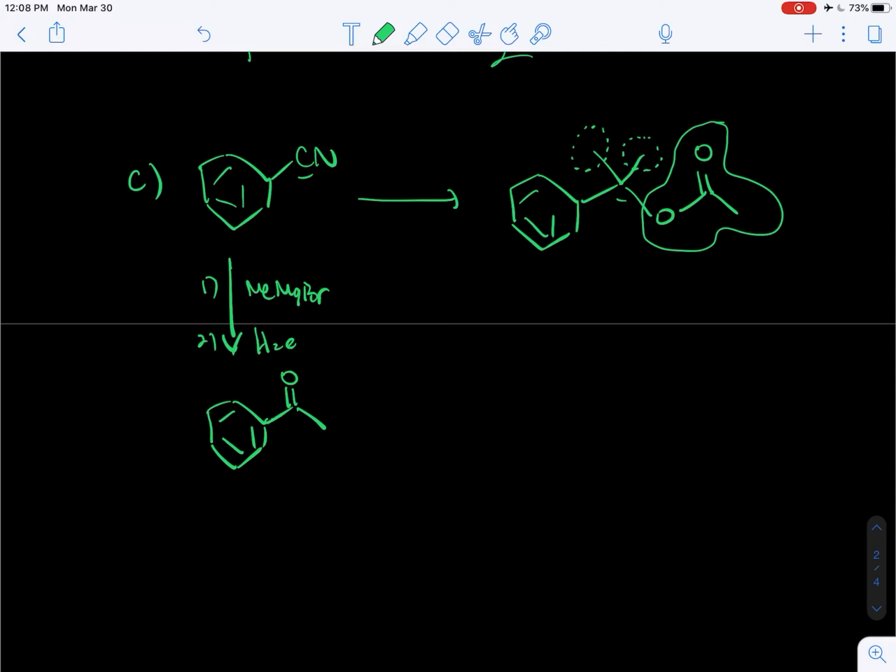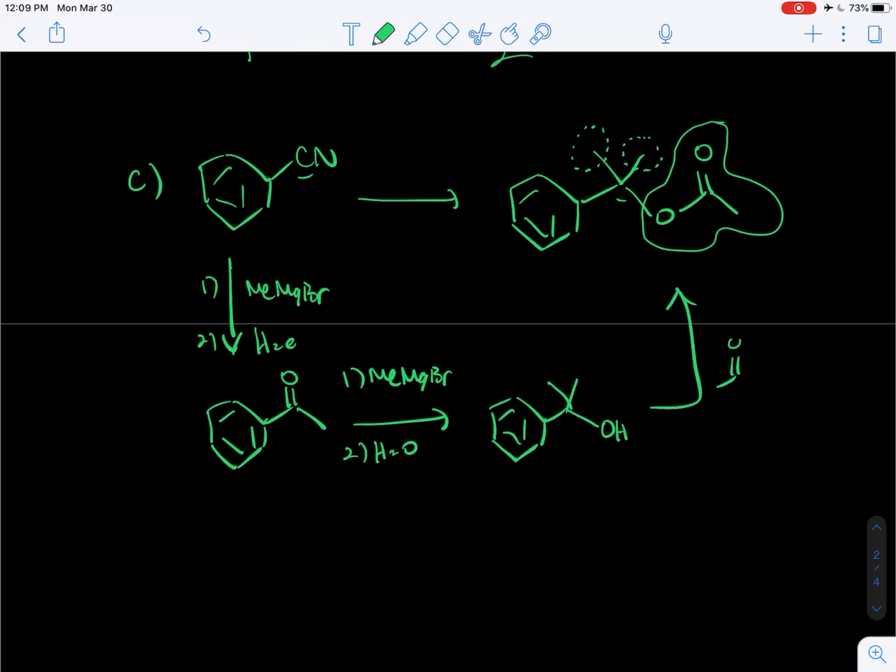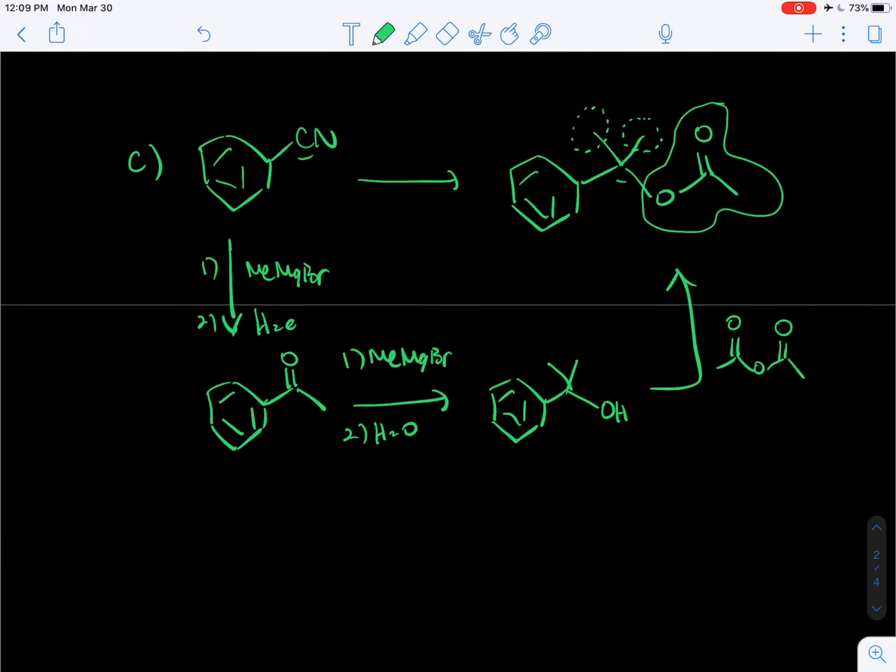Okay, and that's a ketone, all right? And if we do that again, we can get to an alcohol. I'll draw it in the same orientation as the target molecule. And then we can treat that with acetic anhydride to get to the reaction products.